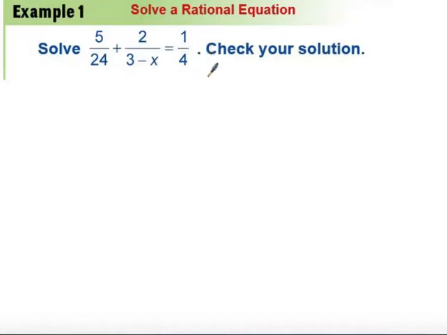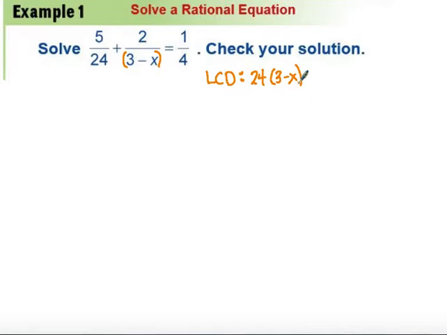So I'm going to have to look for a lowest common denominator so that we can do the work through the mathematical process. After analyzing the 24 and the 4, I'm going to say that the lowest common denominator has a 24, and it's also going to have a factor of 3 minus x. For each term, I'm going to multiply by the lowest common denominator.